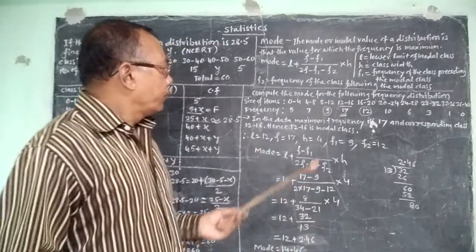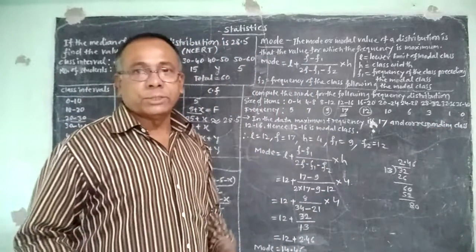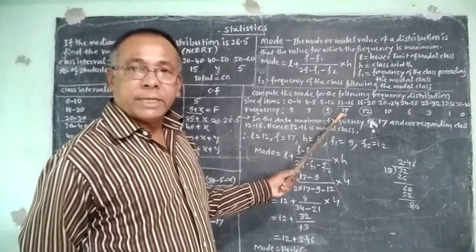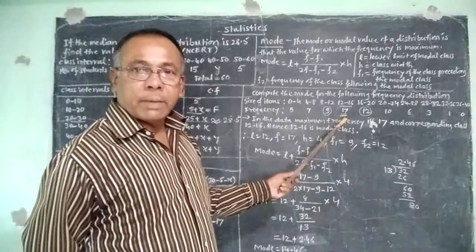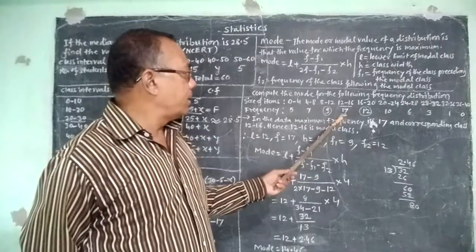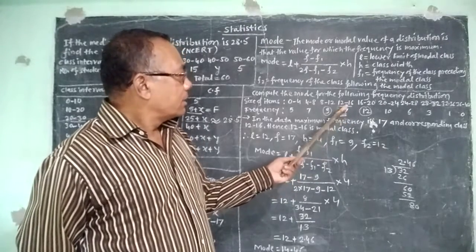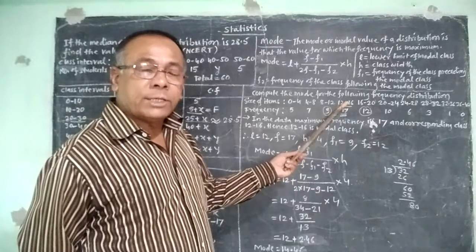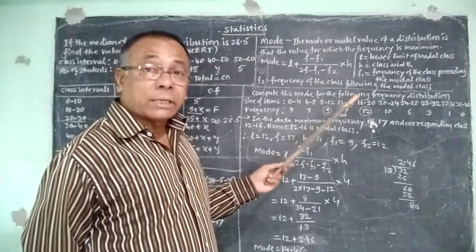Now if we observe the frequencies, it is seen that the maximum frequency is 17, and therefore its related class is 12 to 16, which is the modal class.